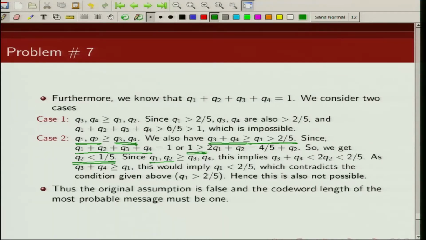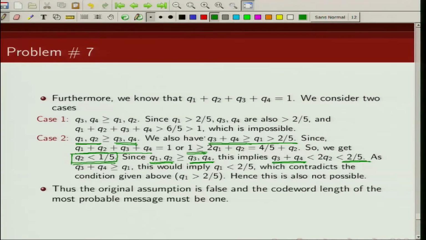Now since Q1 and Q2 are greater than Q3 and Q4, Q3 plus Q4, if we add them up, must be less than 2 times Q2. And what is Q2? In this case, Q2 is less than 1 by 5. So then if this condition holds, what we have shown is Q3 plus Q4 is less than 2 by 5.